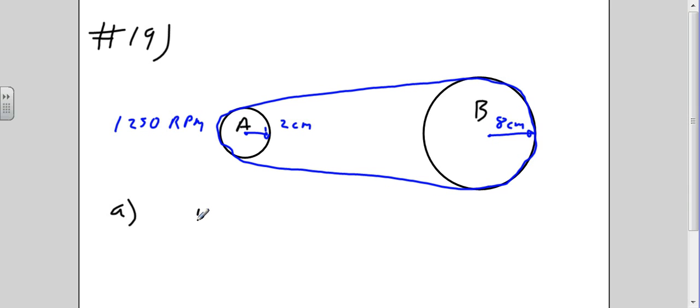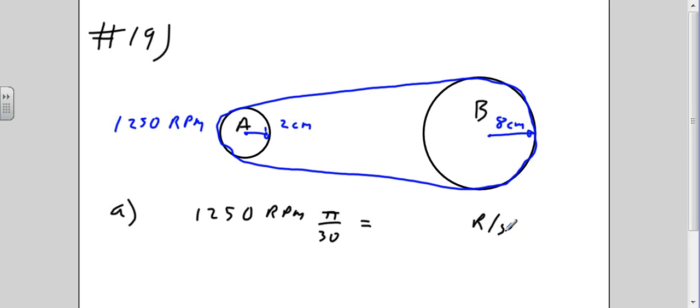All right, but what do I know? I can take 1250 RPM and multiply it by pi over 30, and I can get radians per second, which is what I want to know. So 1250 times pi divided by 30.